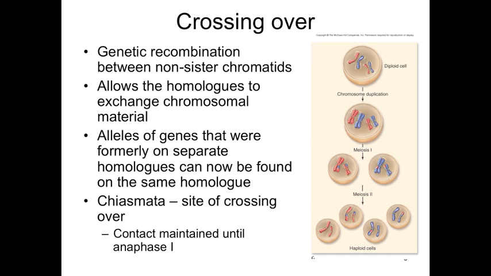We can see on the right-hand side here a diploid cell, and then the homologues have become replicated and they pair together. After meiosis 1, we'll see one of each homologue in each of the daughter cells. And after meiosis 2, we'll see that sister chromatids separate from each other into distinct cells, thus forming 4 haploid cells.